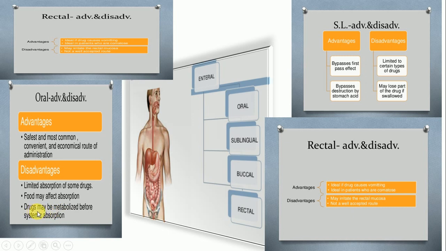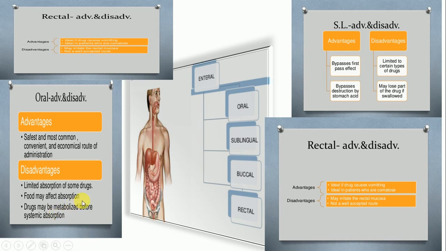When the drugs move along the gastrointestinal system, they may be highly metabolized before they are absorbed to go into systemic circulation. So even the amount of the drug that will reach the systemic circulation will be so low. So this is one of the disadvantages.